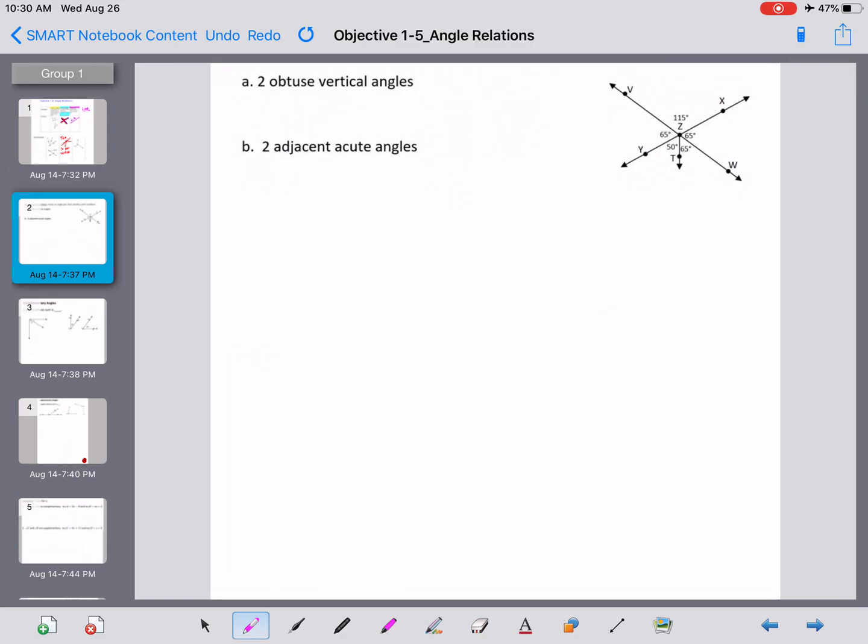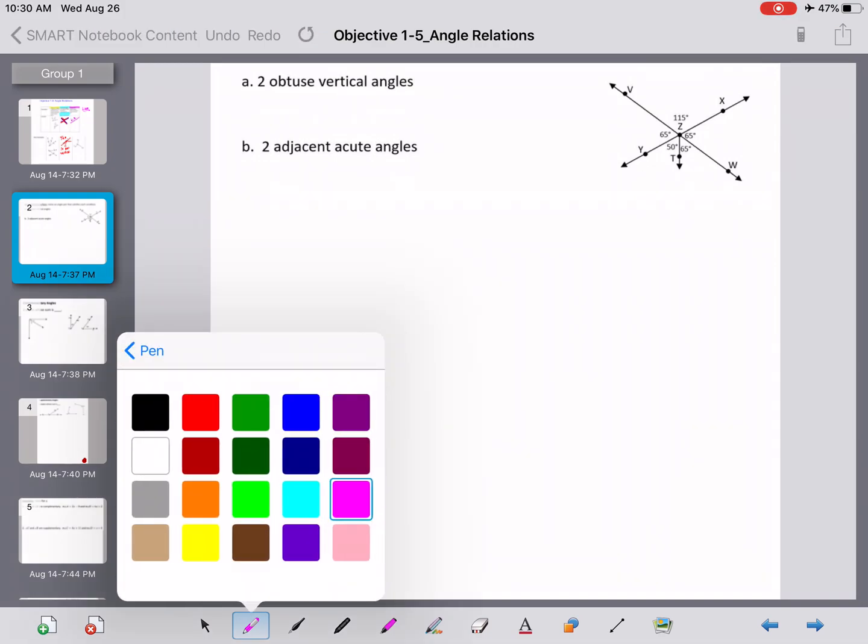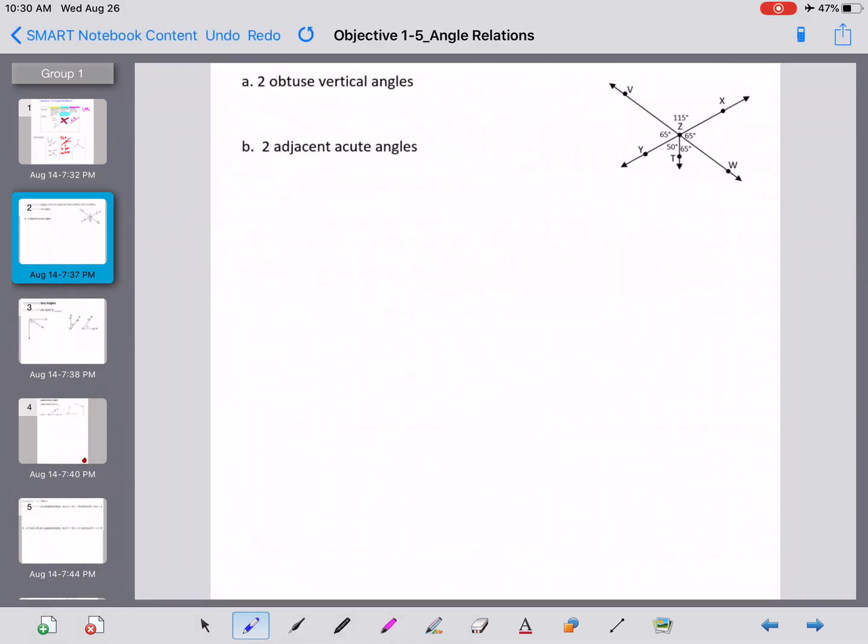So we got some examples. We want two obtuse vertical angles. So first of all, obtuse. Obtuse has to be something greater than 90 degrees. So if we look in our picture, this right here, this 115, that's just glaring out at me that, hey, that's an obtuse angle. So if we look, I'm going to use my highlighter. I think you can see it better with the highlighter.